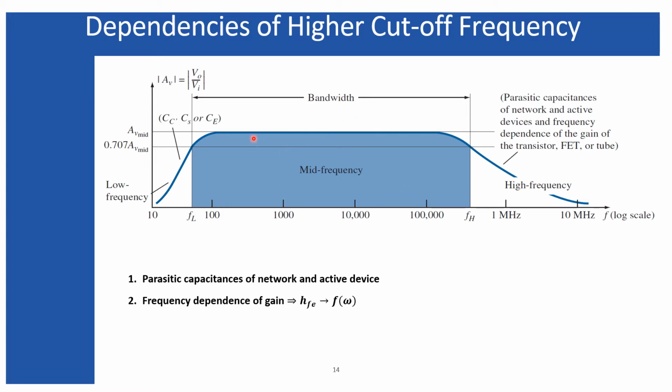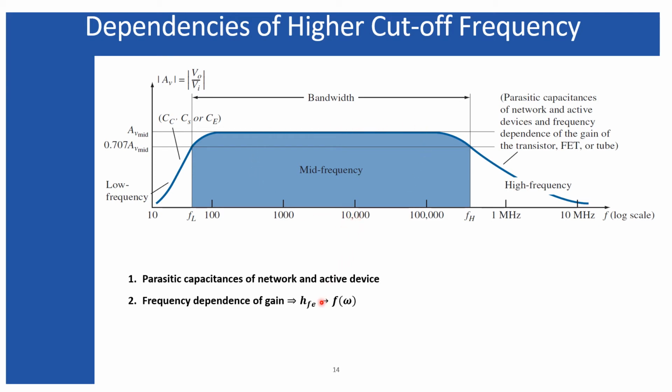I considered it constant because I had assumed, without mentioning it, that HFE is basically the midband forward current gain. When you consider the gain at the midband frequencies, you can see from here the voltage gain AV, shown here as an example, is considered constant within the midband frequency. Similarly, the HFE I used in all my previous analysis and lectures is associated with the midband frequency somewhere over here.